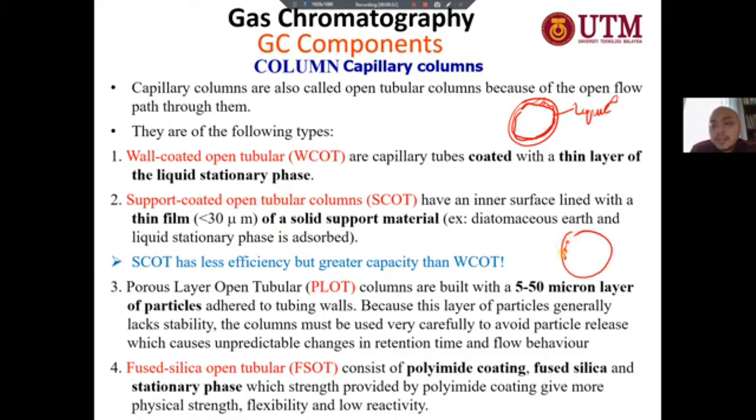So we have the solid over here that is actually coated with the liquid. Porous layer open tubular column, of course, you only have the particles, without the solid coating. Fused silica open tubular consists of a polyamide coating on the fused silica, and this outer layer provides more physical strength.